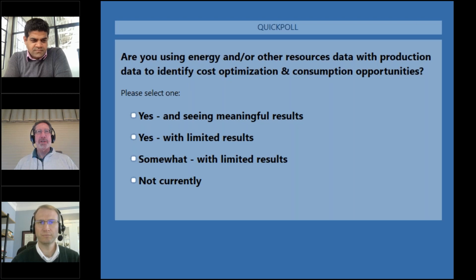This is a combination of energy and other resources data with production data to identify cost optimization and consumption opportunities. Very interested to see what we're going to get.